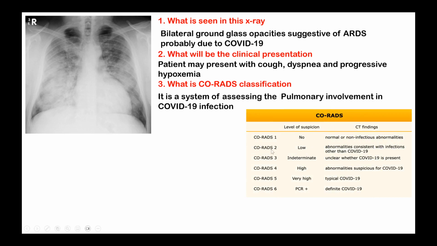CO-RADS 2, there is a low suspicion: abnormalities consistent with infection other than COVID-19. CO-RADS 3 means it is indeterminate. So the first 3 grades, CO-RADS 1, 2, 3, are not likely to be COVID. Whereas if it is CO-RADS 4, 5, and 6, there are very high chances that it is COVID. Especially CO-RADS 6 is confirmed evidence that it is a definite case of COVID-19.